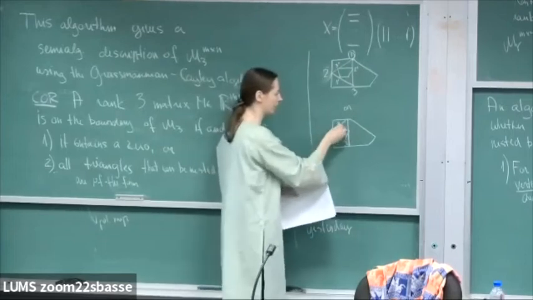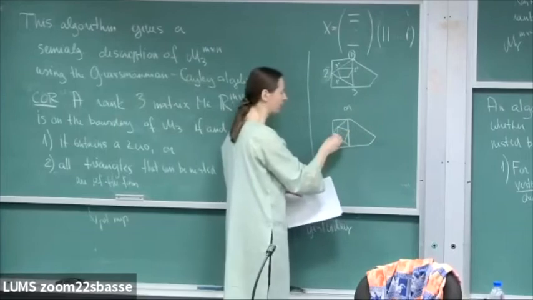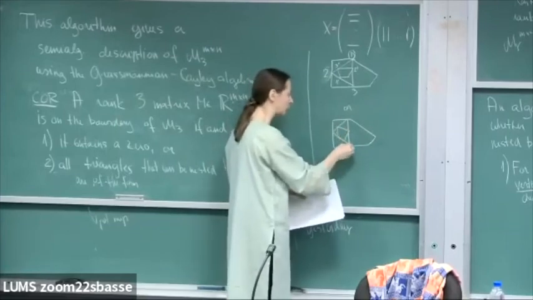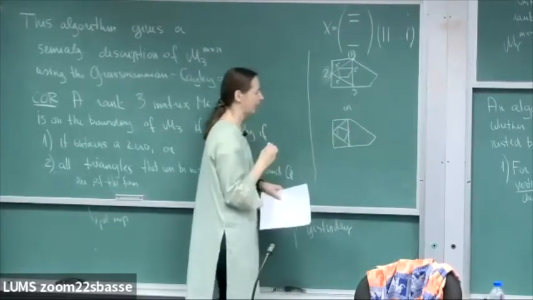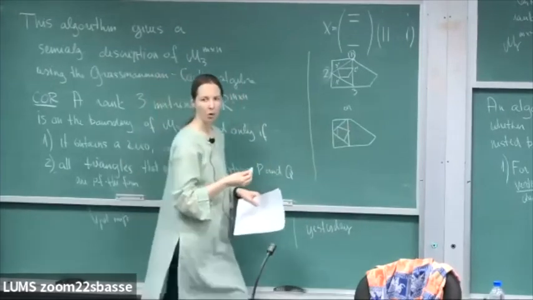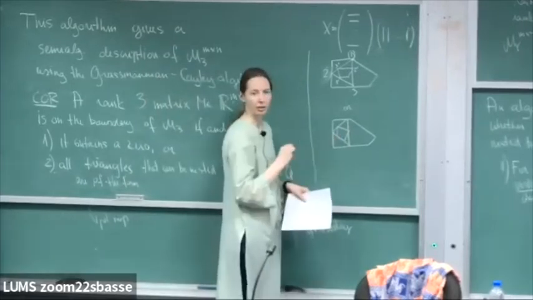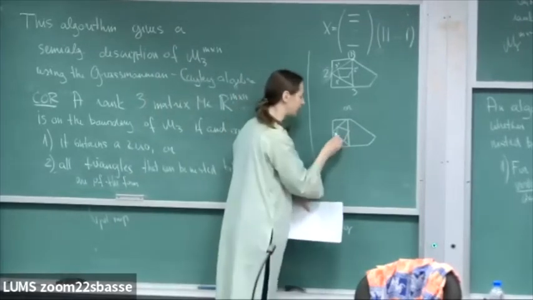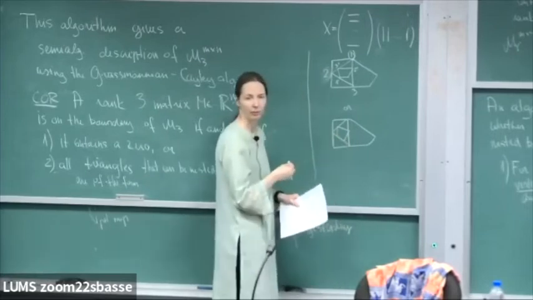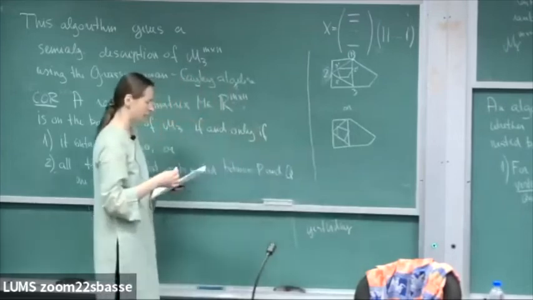Every vertex of the triangle is on the boundary of Q, and every edge of the triangle contains a vertex of P, and moreover, an edge of P lies on the edge of the triangle. So this is my double incidence. In both cases, we have 7 incidence relations.